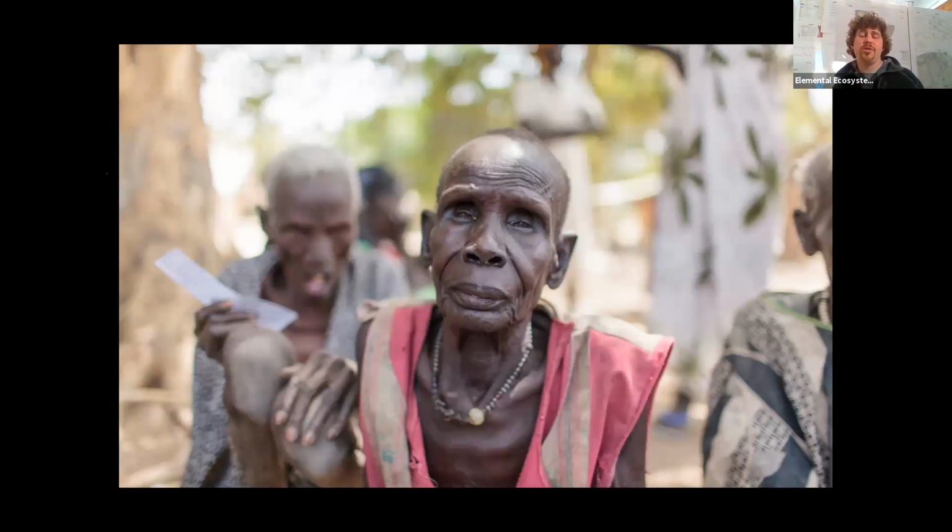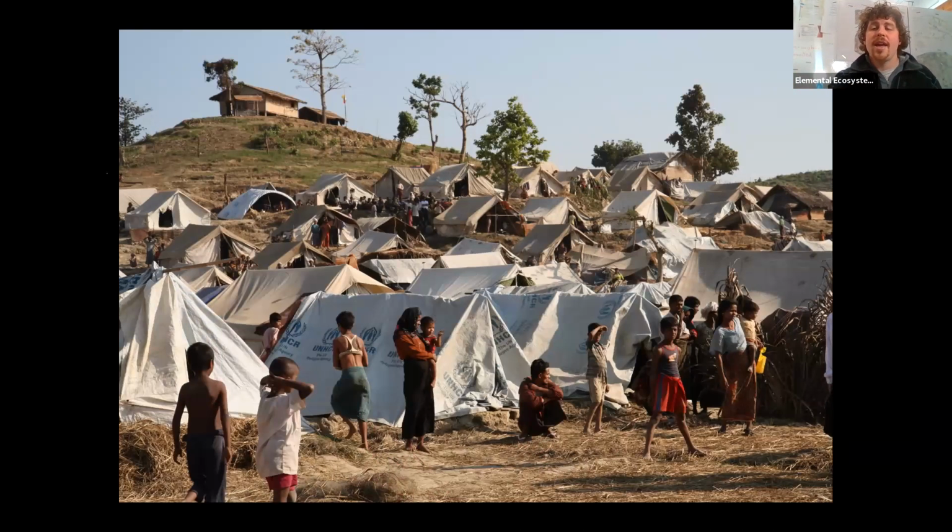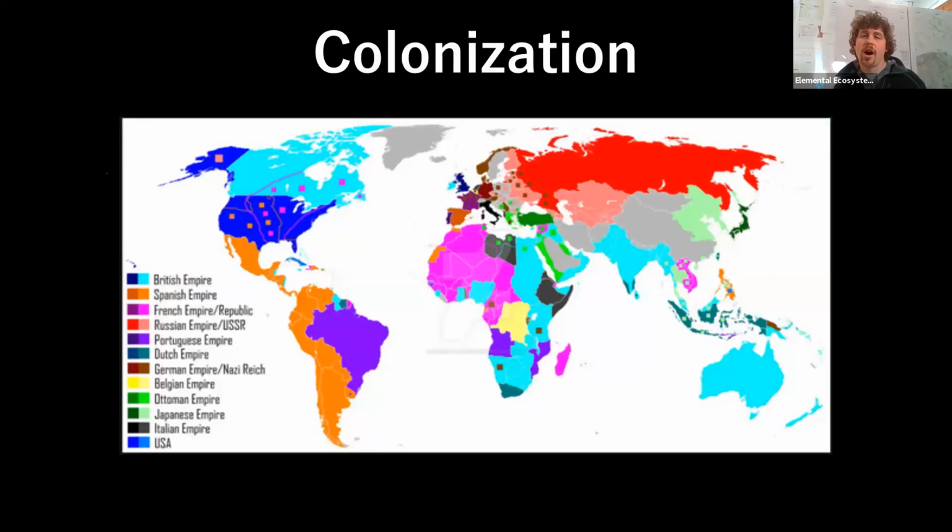Now this leads to huge issues for human quality of life: food scarcity, water scarcity, starvation, refugee crises, and these are all the result of colonization, really. And when you look at the world, you can see how much of the world really was colonized. And it's not just the colonization that was a problem, but then the worldview shift because of colonization.